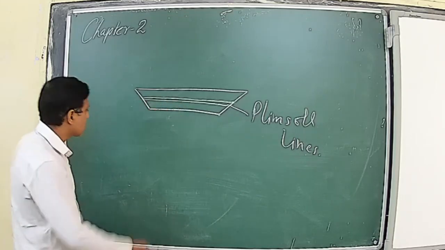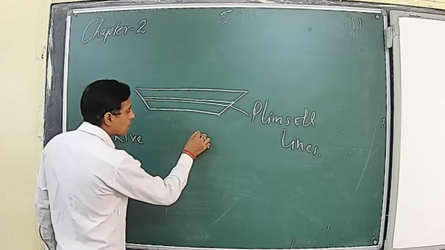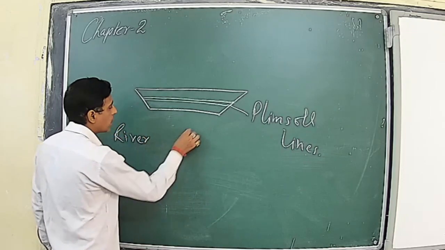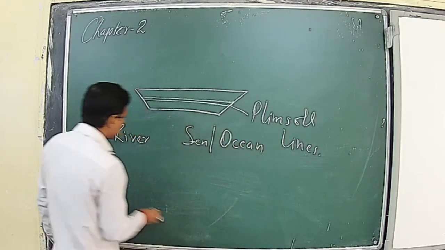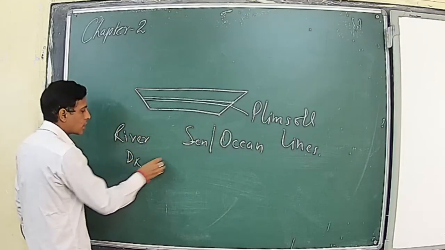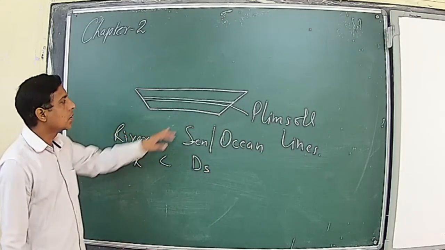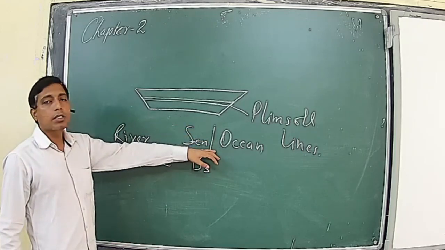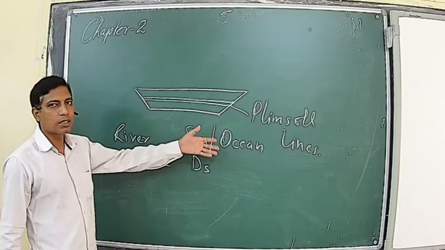Why? Because if you take two types of water bodies, say a river and a sea or ocean, the density of river water is less than the density of sea or ocean water, because the sea or ocean water contains salt, and the salt increases the density.